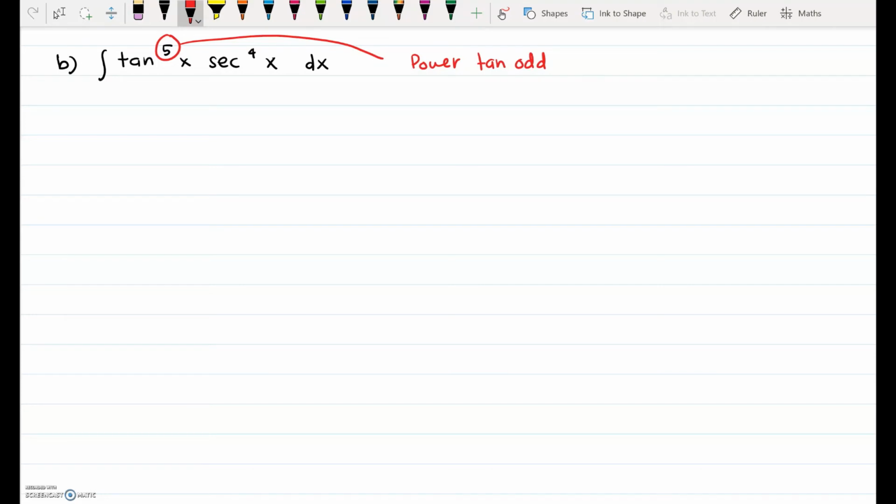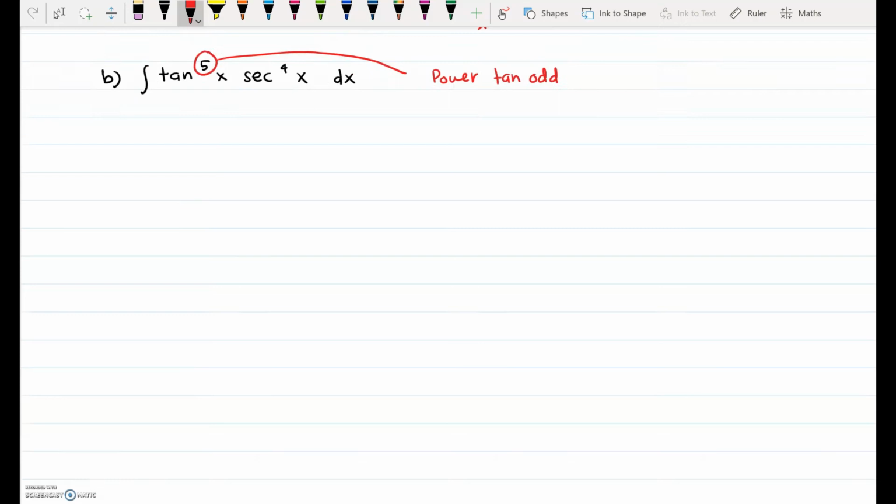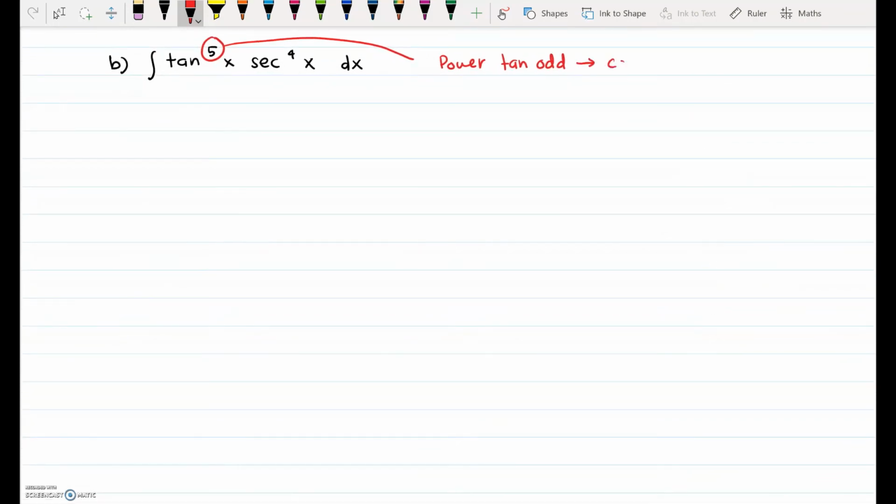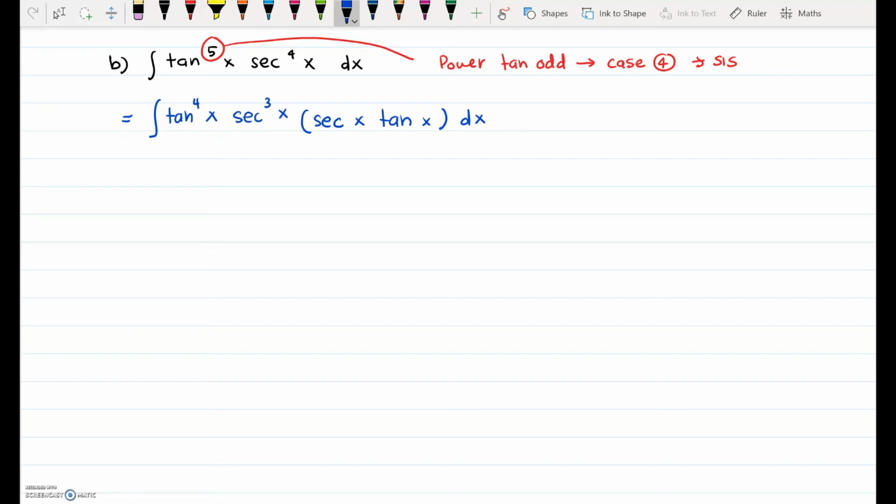So if I use power of tangent is odd, that means it will be case 4, and we can use u-substitution. The first step is we will split the secant tangent. When we split, we will have at the end secant x tangent x dx, and the remaining function is tangent power of 4x and secant power of 3x.